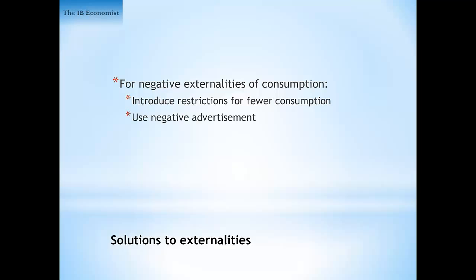We can use negative advertising. A lot of countries now have legislation which requires cigarette makers to place warning labels on the cigarette packs that say, for example, smoking can kill, it can make you sick, it can generate lung cancer, do not smoke, it is bad for your health, etc. We can also provide property rights.